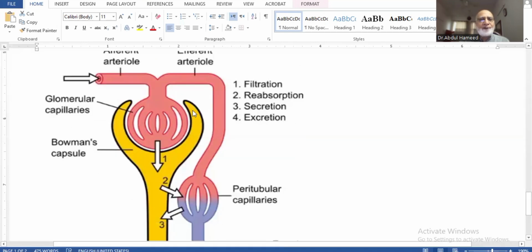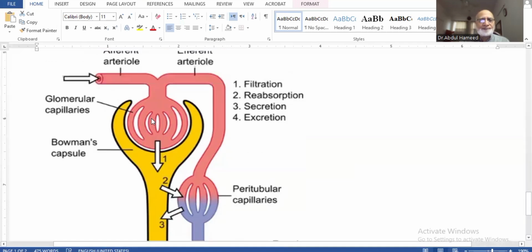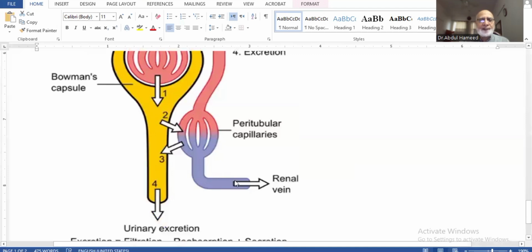The efferent arteriole will be responsible for the blood supply to peritubular capillaries. This is not to scale. The arrangement is not up to scale. It is just to give the idea that they are different from the glomerular capillaries. And from there the blood will move to the renal vein and so on.